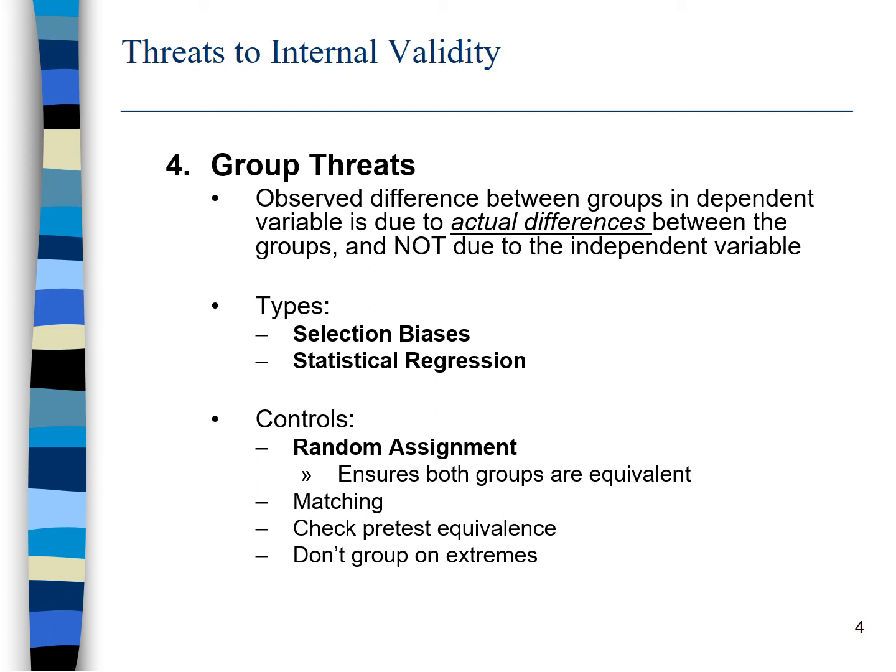And if you can't do random assignment, there's also this notion of what they call matching. Matching is where for every person in, say, the experimental group, you have somebody in the control group who, at least on paper, looks very similar to that individual.